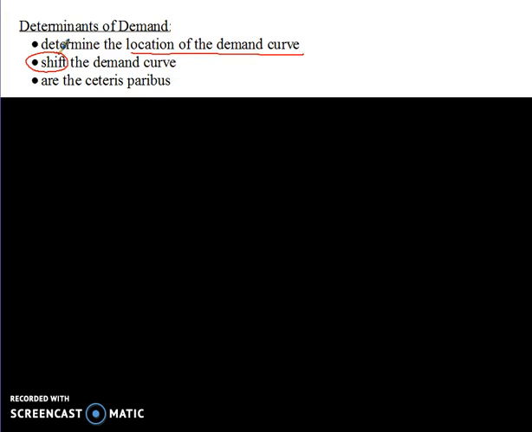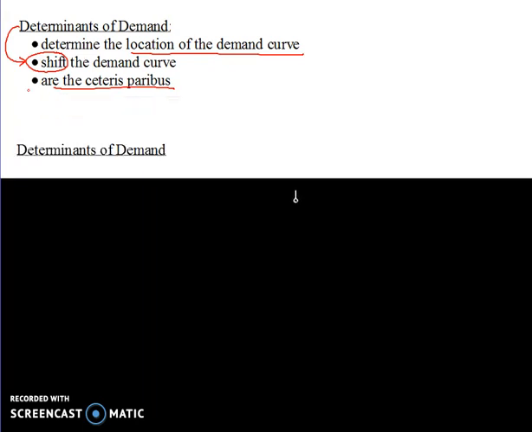They are the things that we used to be holding constant and now we are allowing them to change. And that's all. Maybe I'm being a little bit confusing. These are all just confusing ways of saying that determinants of demand are just the things that cause demand curves to shift.